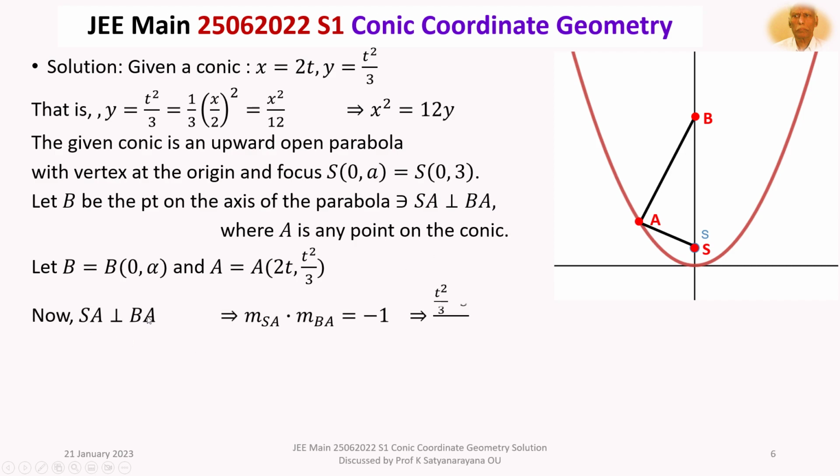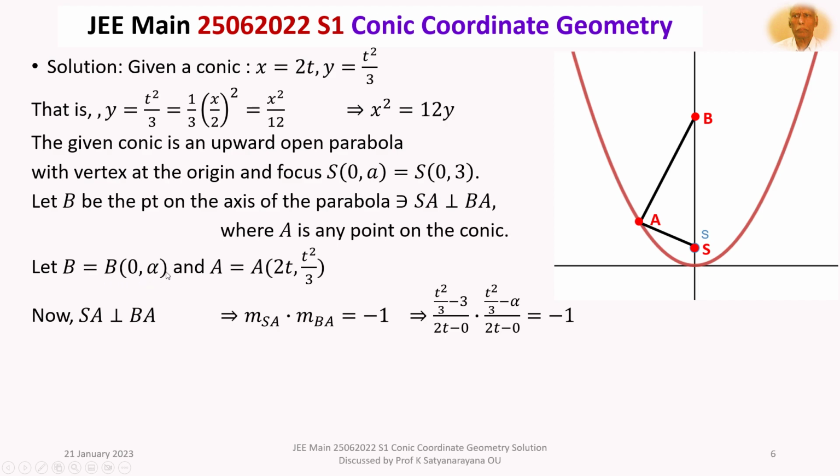Now SA is perpendicular to BA, means the slope of SA multiplied by the slope of BA is equal to -1, and the coordinates of S are known, A are known. Therefore, the slope of SA is y2 minus y1, t square by 3 minus 3 by x2 minus x1, 2t minus 0, and multiplied by the slope of BA.